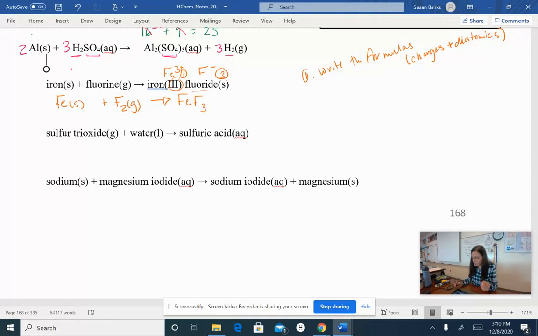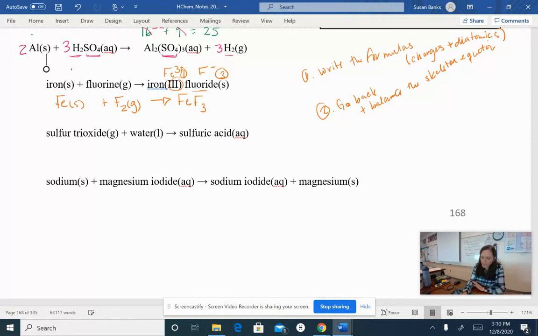Then, after you're done writing the correct formulas, go back and balance the skeleton equation. So the very first thing, just worry about writing the formulas and creating that skeleton equation.